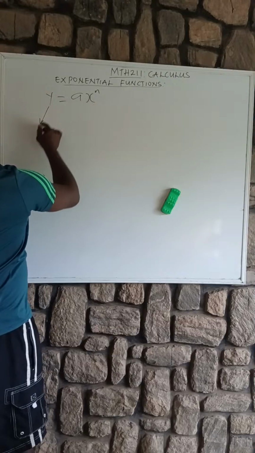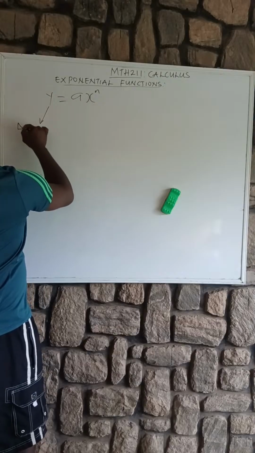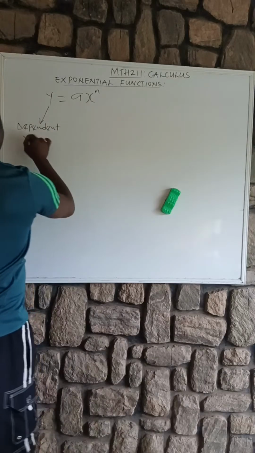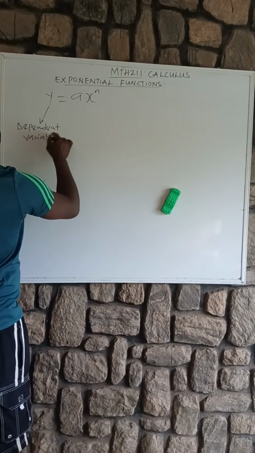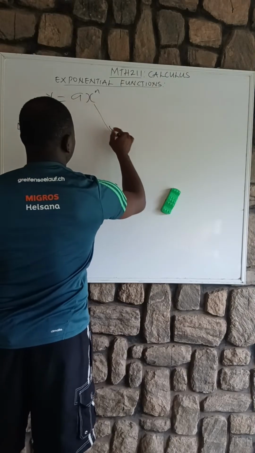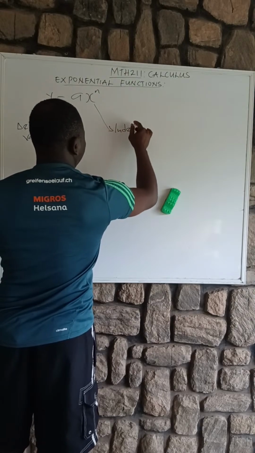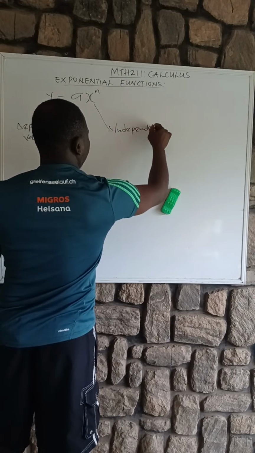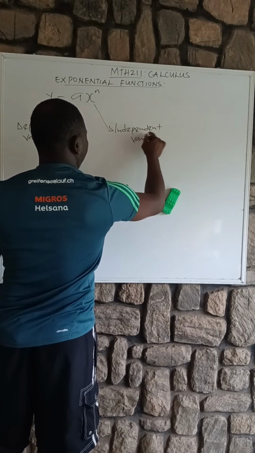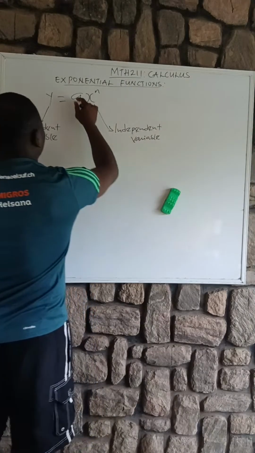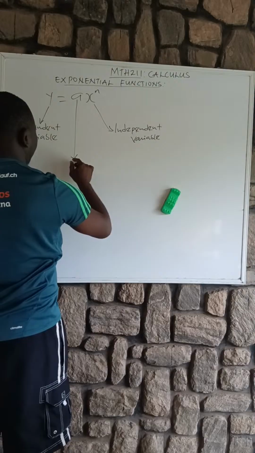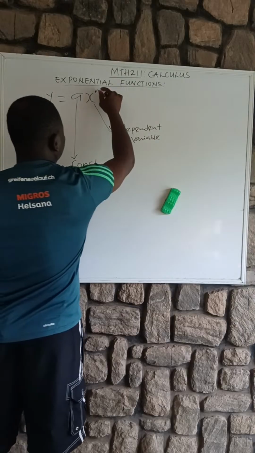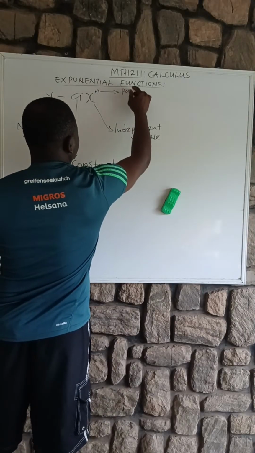This is the dependent variable, this is the independent variable, this is a constant, and this is called power or index.